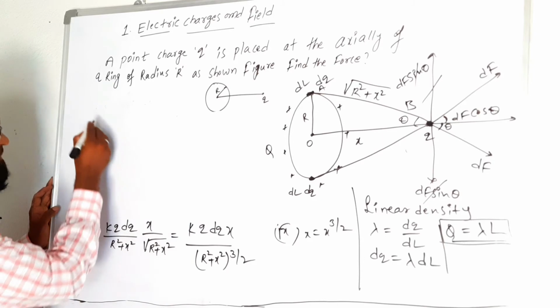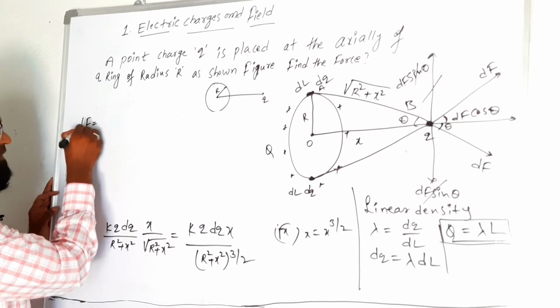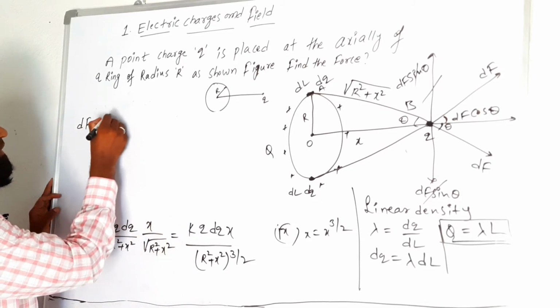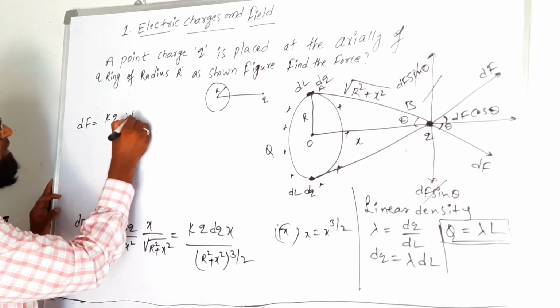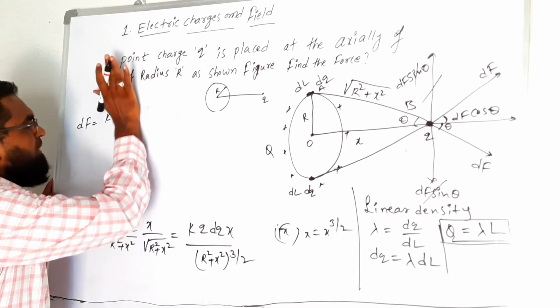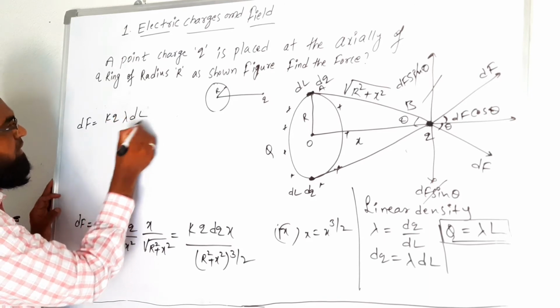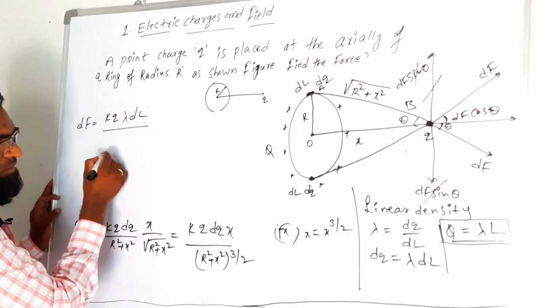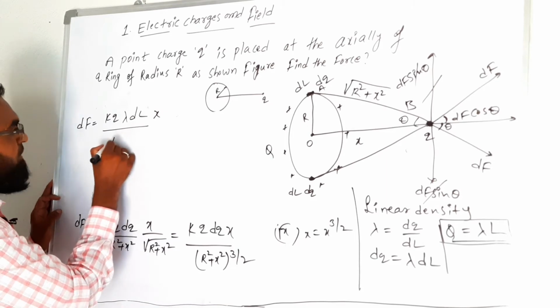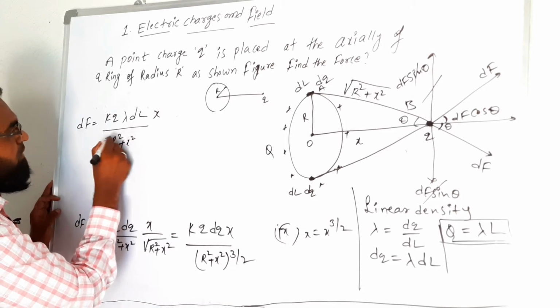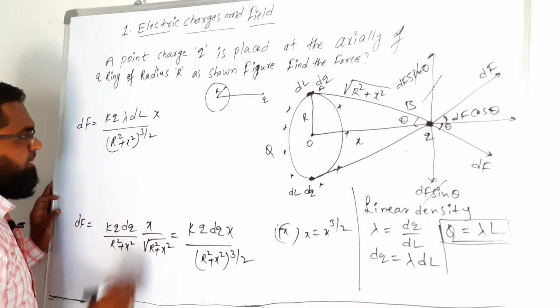Writing this step: dF equals k q dq, with dq equal to lambda into dl, by r square plus x square whole power 3 by 2, times x. This point clear? Next, integrating both sides: integration of dF equals k q lambda x by r square plus x square whole power 3 by 2.